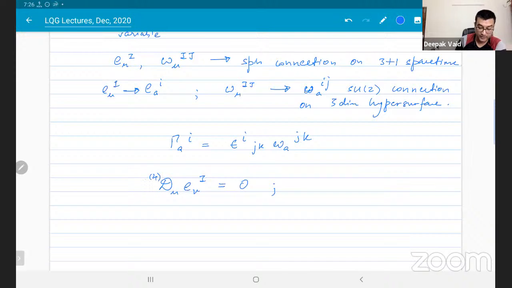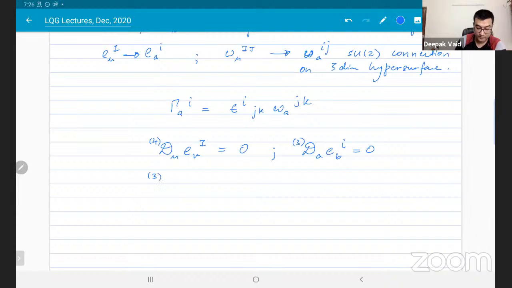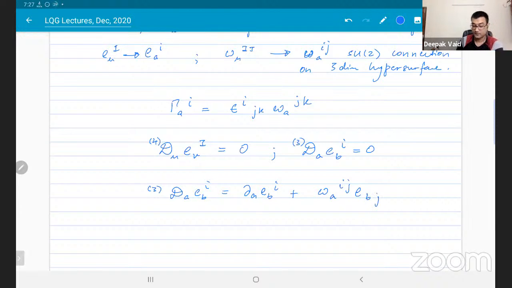So similarly, if you take the gauge covariant derivative defined with respect to this three-dimensional connection, then again, when you act on tetrads, you get 0. So how would I define this? I would define it in this way: E^b_I plus omega_A ij E^b_j, like this.